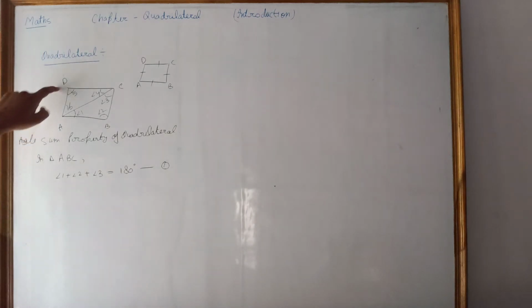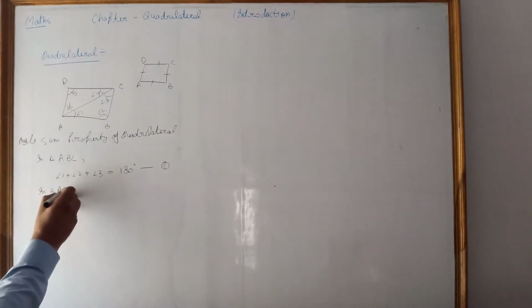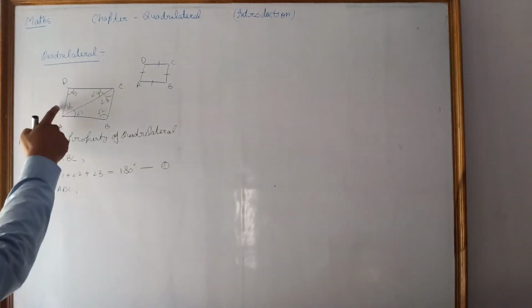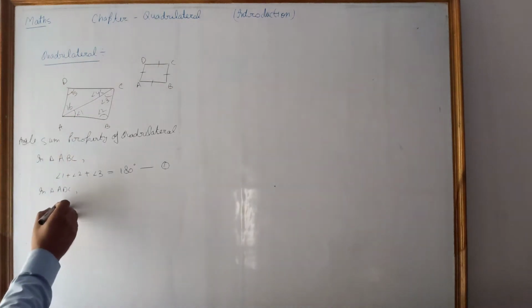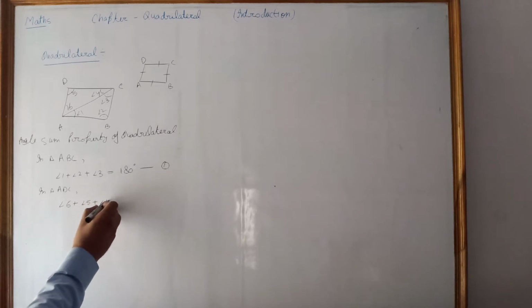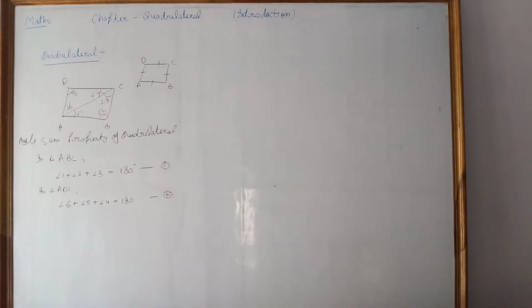Now in triangle ADC, angle 6 plus angle 5 plus angle 4 is equal to 180 degrees. Right, students? The sum of the angles of each triangle is 180 degrees.